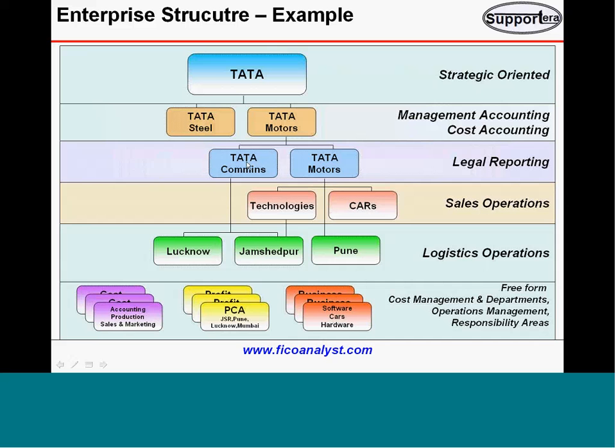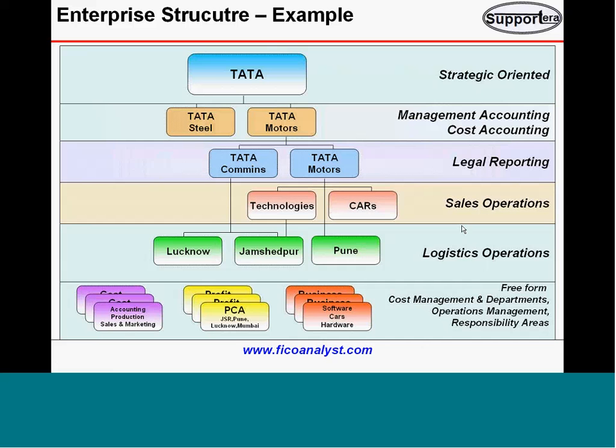They will be reporting separately. This is just an example, the tip of the iceberg for Tata Motors. I am not trying to represent the entire Tata here, and of course this needs a bigger chart, but just to give you some understanding of how these enterprise structure elements are organized.